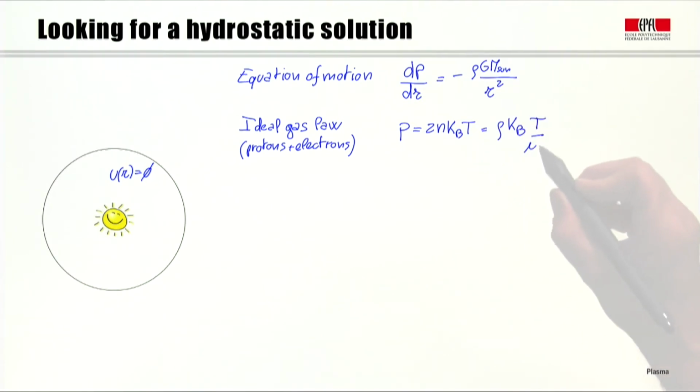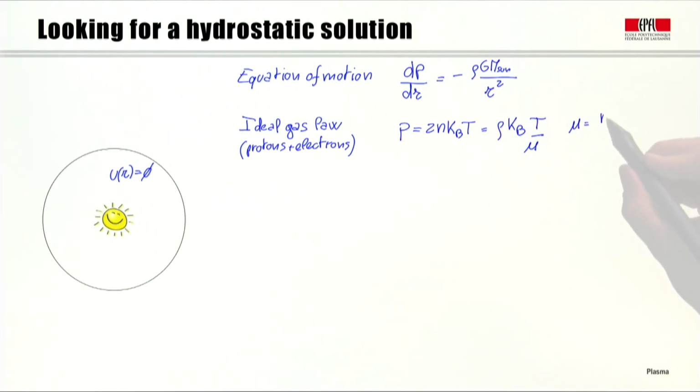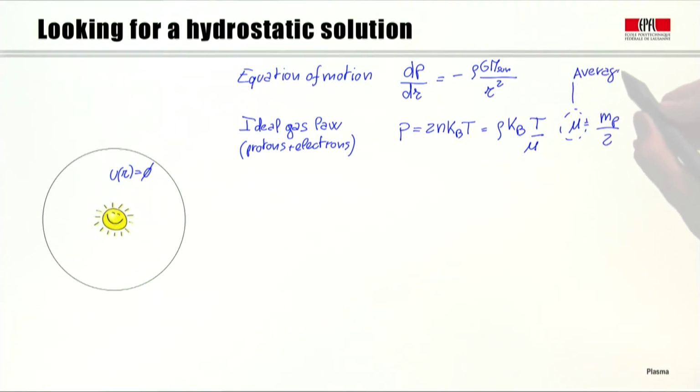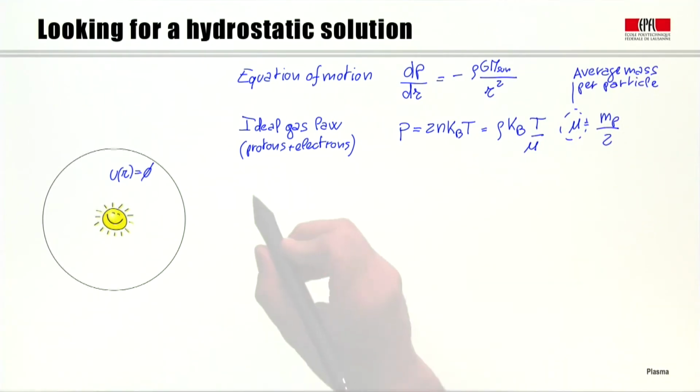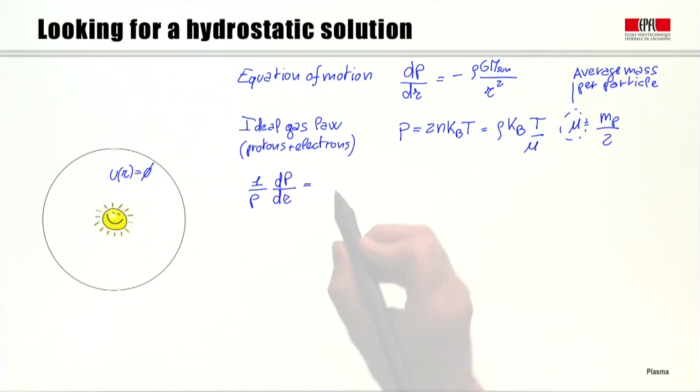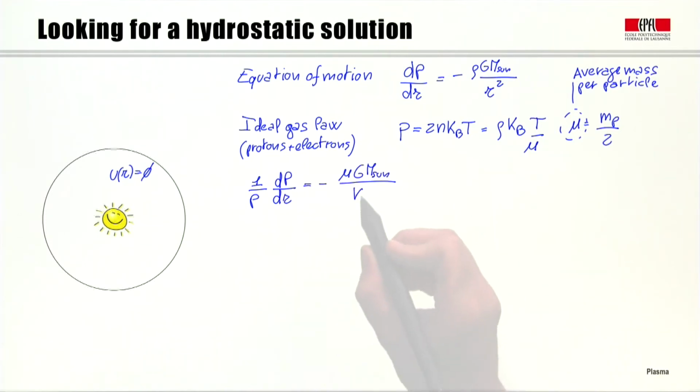In this formula, Kb is the Boltzmann constant and mu is the mass of a proton divided by 2, which is the average mass per particle. Using the ideal gas law, we can therefore write the equation of motion in the following way.